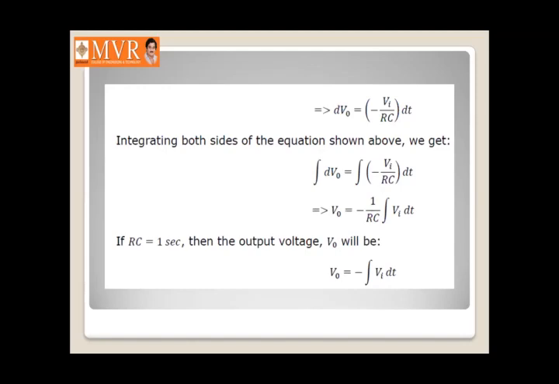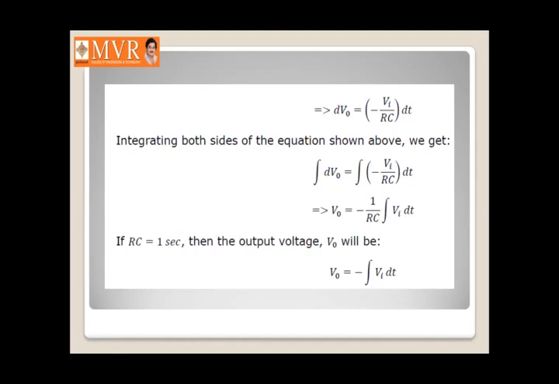From this equation you can observe the output is the integral of the input, that is, the output is proportional to the integration of the input signal. That is how our operational amplifier produces the integral as its output.